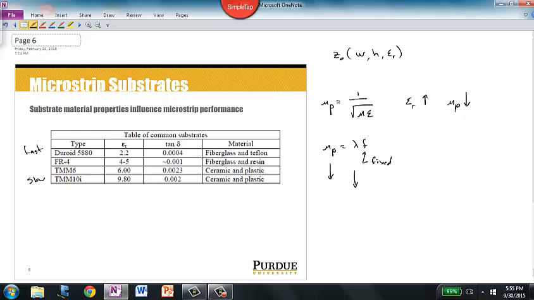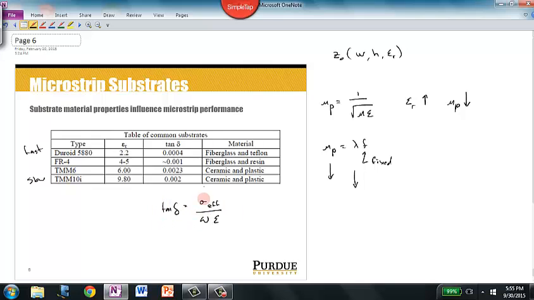The second column that I've got here is called the loss tangent, tan delta. And this is a measure of how lossy the dielectric is. The definition of loss tangent is that the tangent of delta is equal to the effective conductivity of the T-line over omega, the angular frequency, times the electric permittivity.